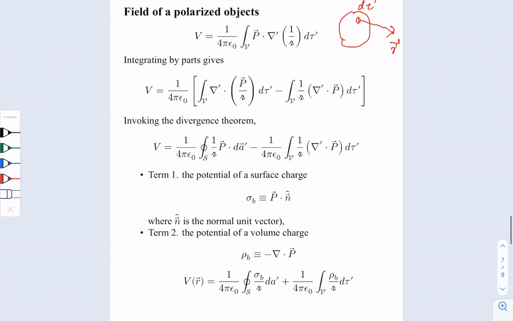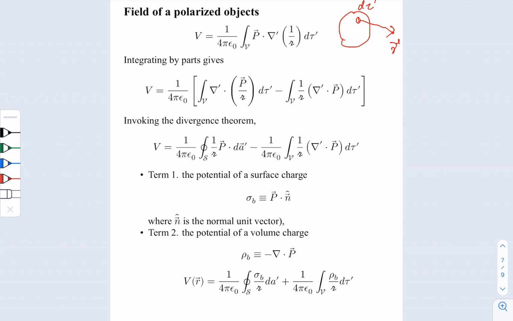Now let's take a closer look at this first term. You can see that this is exactly identical to the potential for a surface charge, where the surface charge is P dot n.